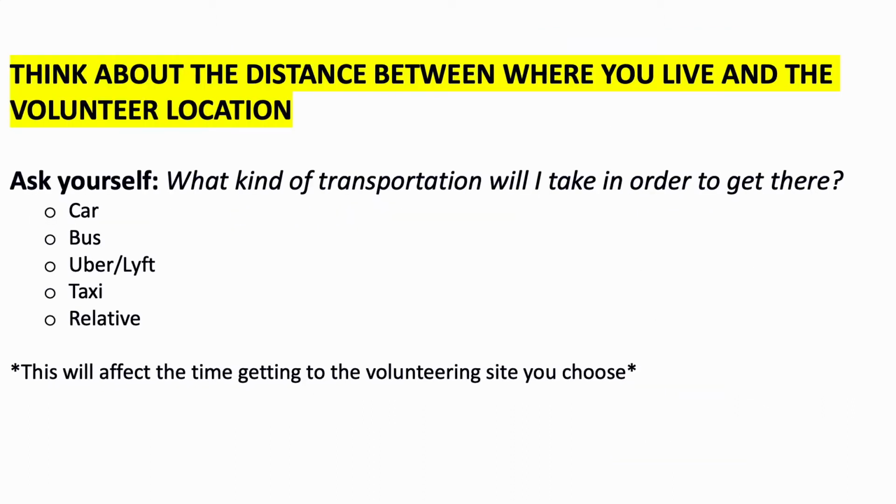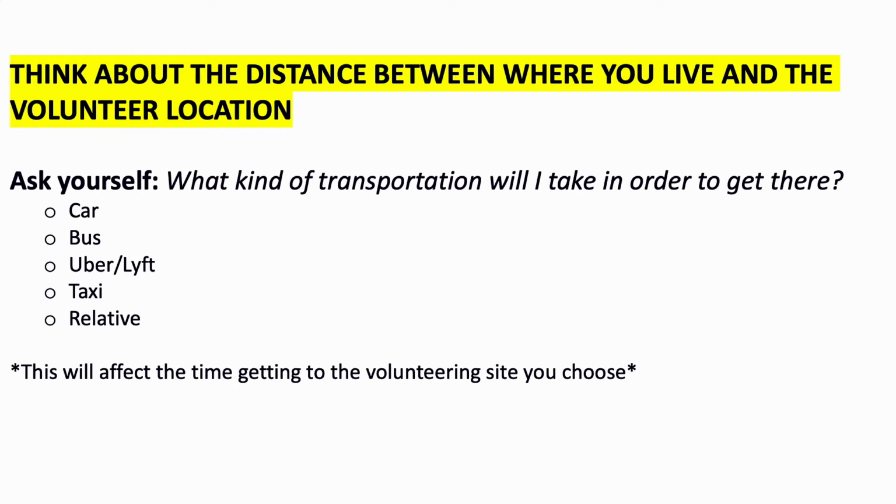Another important factor to think about is the distance between where you are currently located and the location of the volunteer site. You need to be aware of the kind of transportation that will help you get to the volunteer site. Is it a car, bus, an Uber or Lyft, a taxi, or would a relative be willing to help you with transportation?